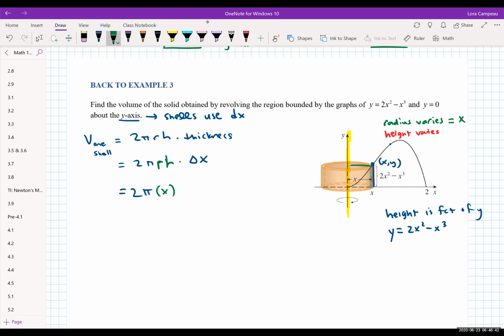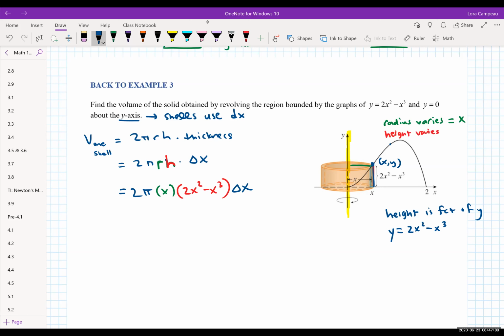Now the h part: if the height is varying, the height needs to be in terms of x. It's a function of y already in terms of x. So this is why we're able to replace the 2x squared minus x cubed into our volume of one shell formula. That makes things much nicer.